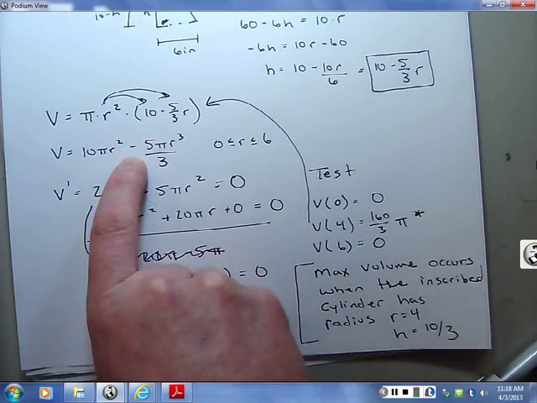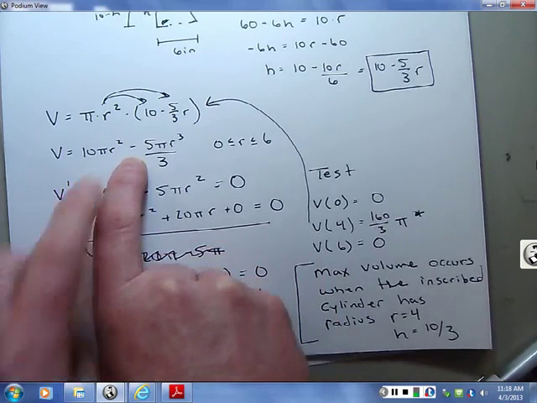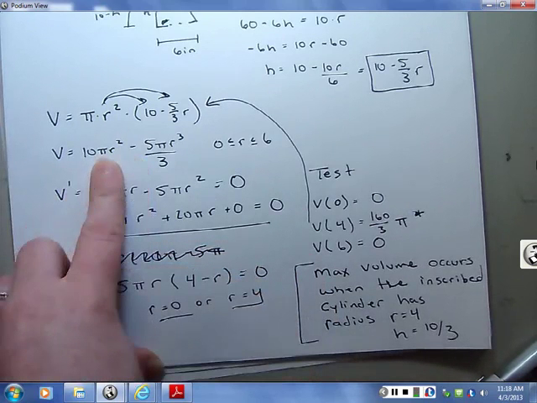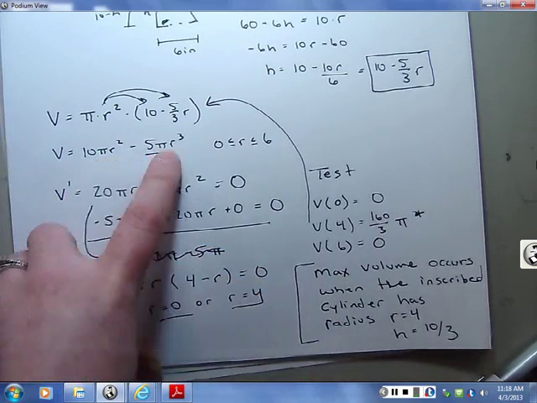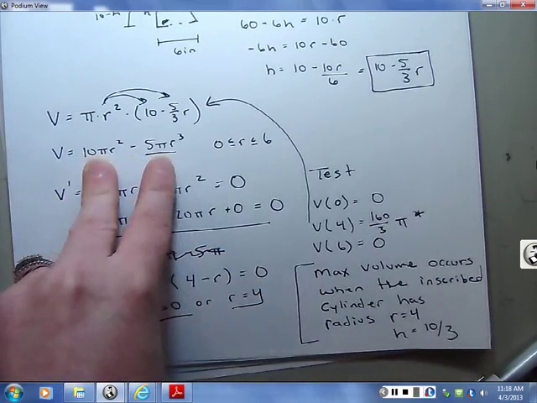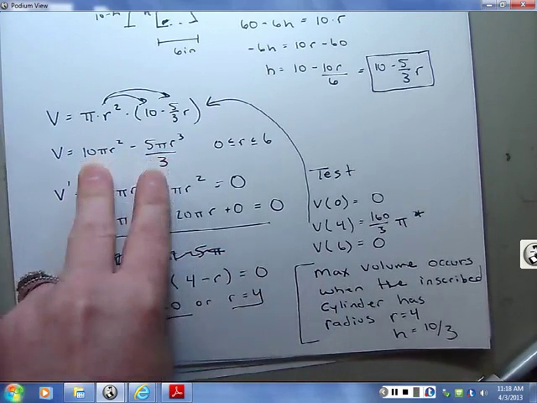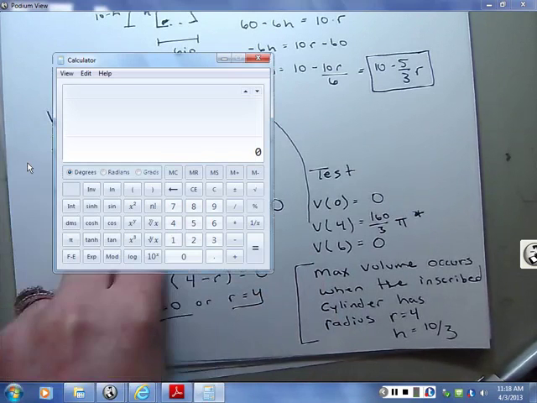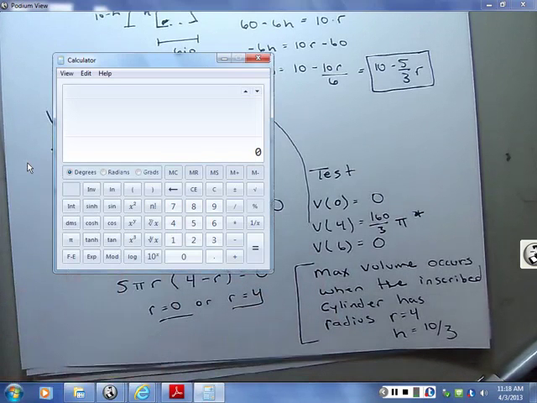So, what would I get here? I would have 16 times 10. What would I have? I would use a calculator. If I plug in 4, I have 10 times 3.14. Well, let's leave out the pi.